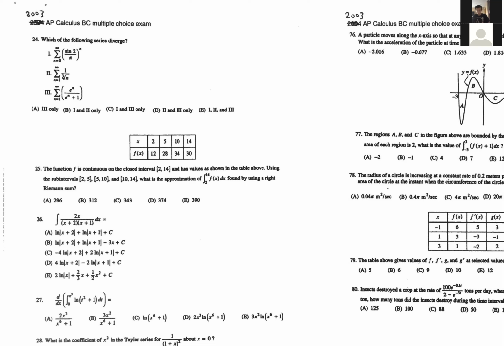Sine of anything will always be less than pi. That's called a proper fraction, when the numerator is smaller than the denominator. Whenever the numerator is smaller than the denominator, isn't that fraction value less than 1? So right here, because this number is smaller than 1, this is a geometric series. If it's smaller than 1, this converges. So this would be false. It does not diverge.